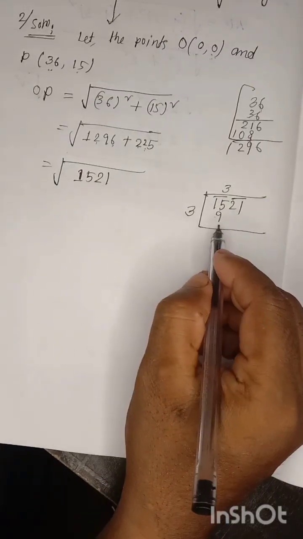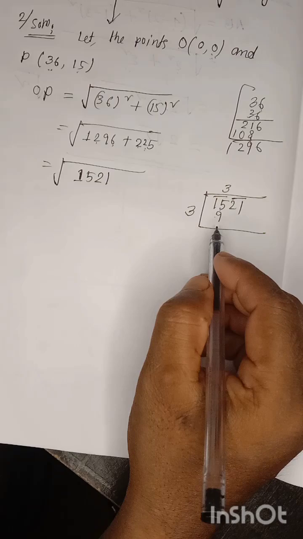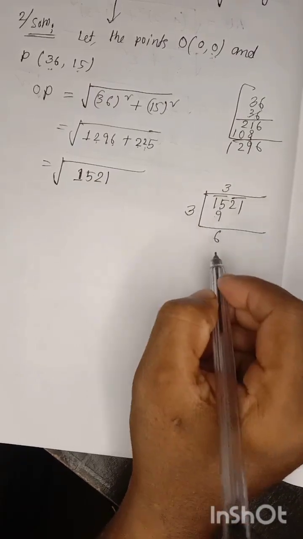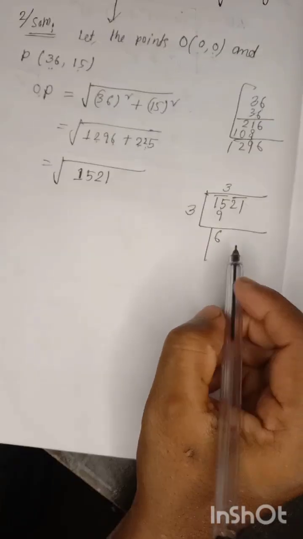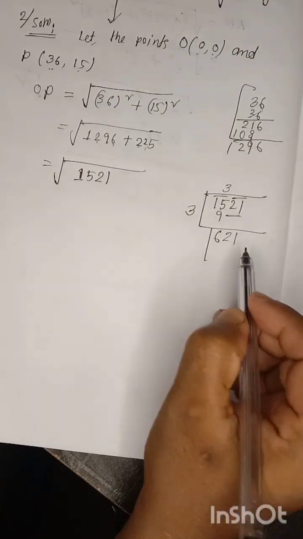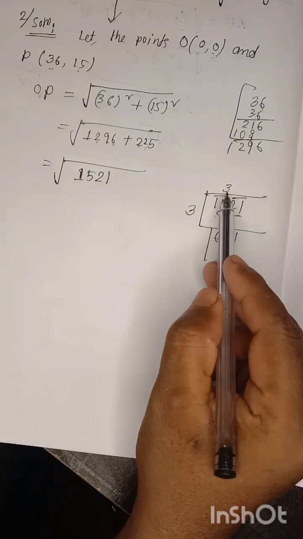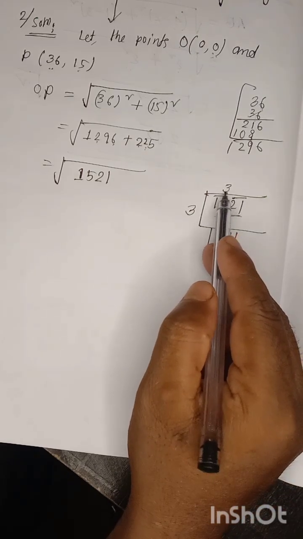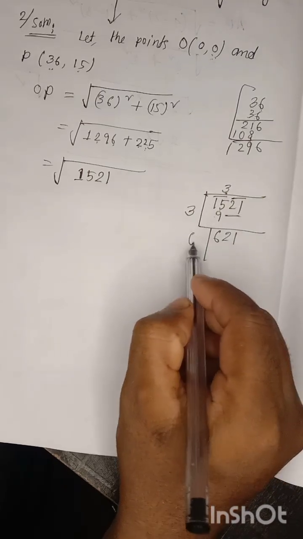So 15 minus 9 is equal to 6. After this we drop the next pair, so it becomes 621. Our result so far is 3, so we double it: 3 twos are 6.